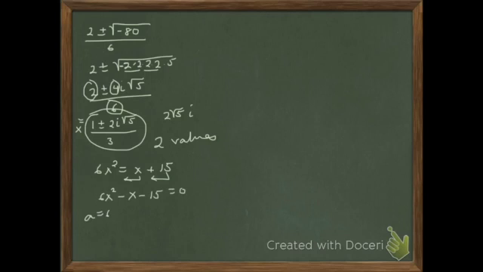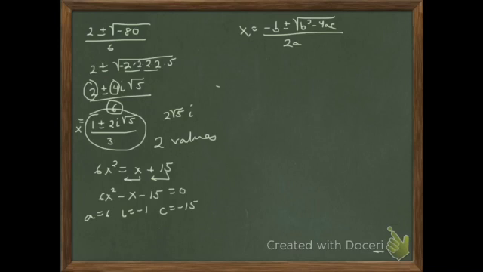A equals 6, B equals -1, and C equals -15. Write the quadratic formula. I'll do that over on the top of the next line here. x equals -b plus or minus the square root of b squared minus 4ac all over 2a.